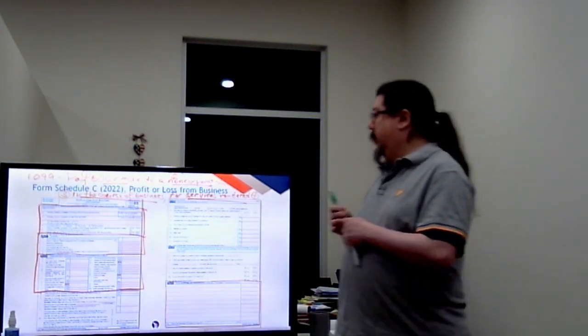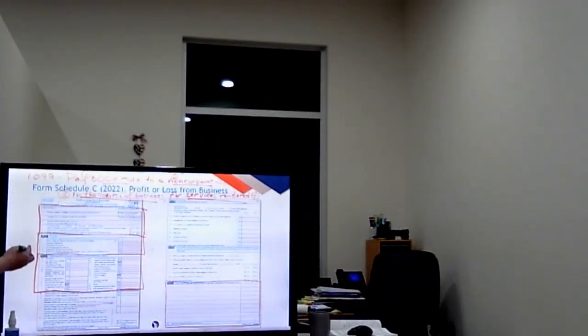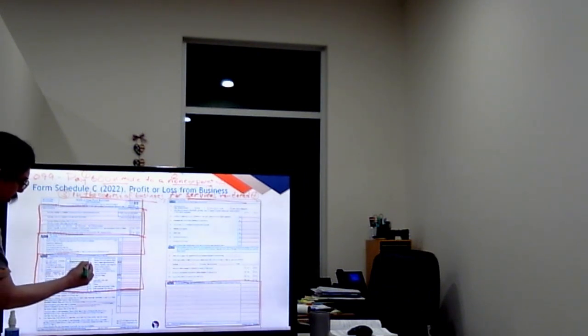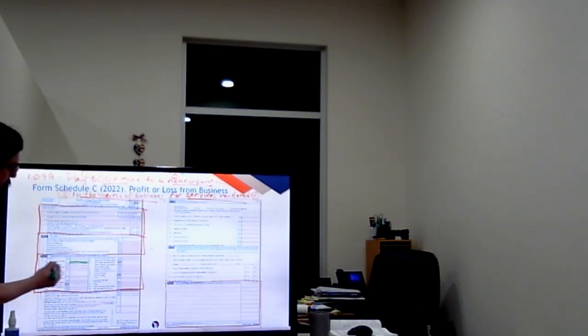Okay, so here, car and truck expenses, line 9, is business use of your vehicle, whether it's your personal vehicle or a vehicle that is specifically for business. There are two ways to calculate that, and I will present that slide when we get to it. For line 9, there is either actual expenses or standard mileage.